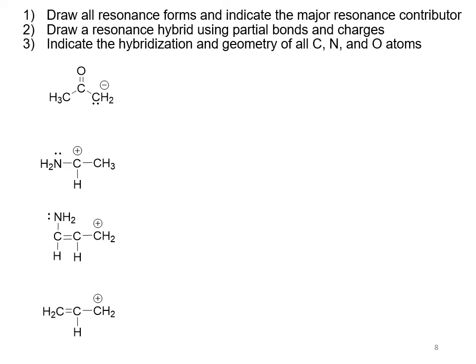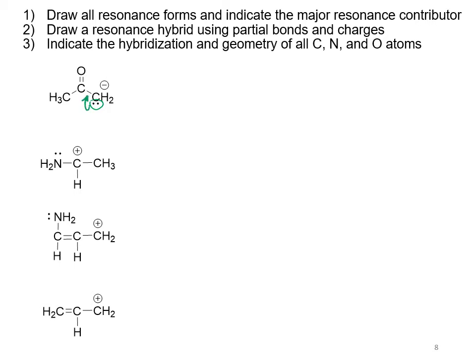So I'm going to work some examples of problems where we draw all resonance forms and indicate which is the major contributor. And then we'll draw the resonance hybrid. That is the net picture of how the electron and charge distribution is in a molecule, and we'll indicate hybridization and geometry. So here in this first example, notice we have lone pairs next to a double bond.